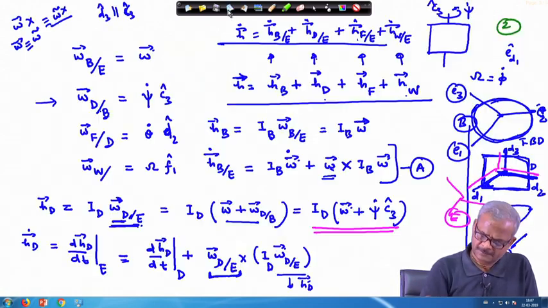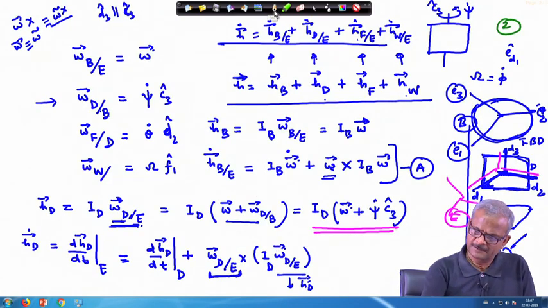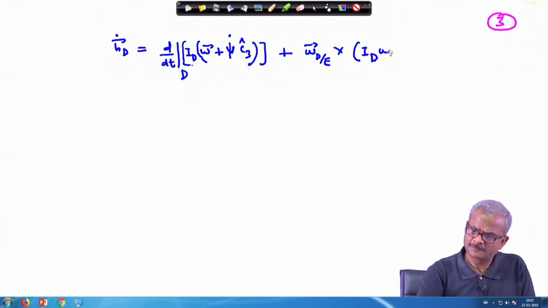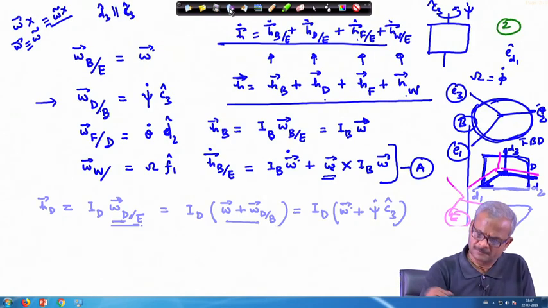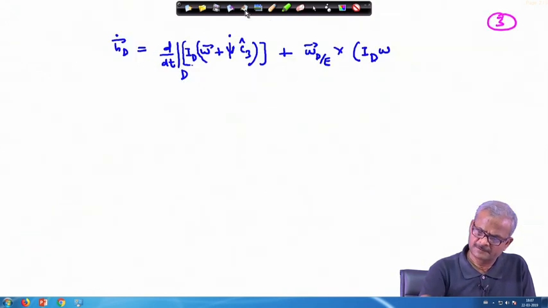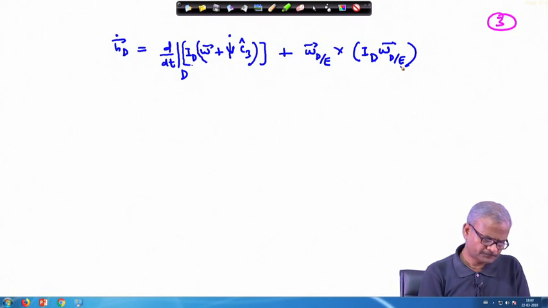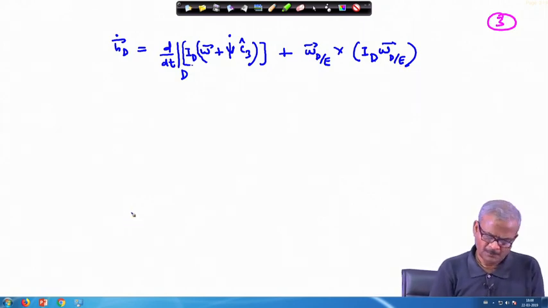And this plus omega d cross I d times omega d slash c. Now, this part we will expand.